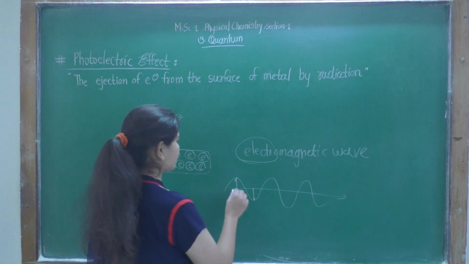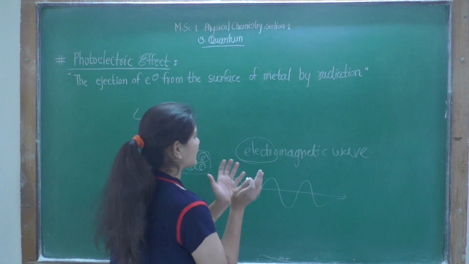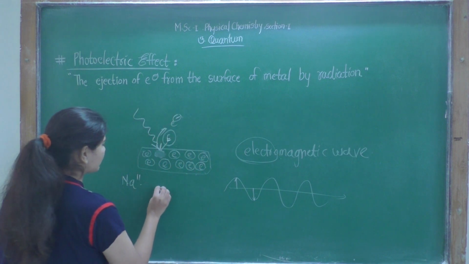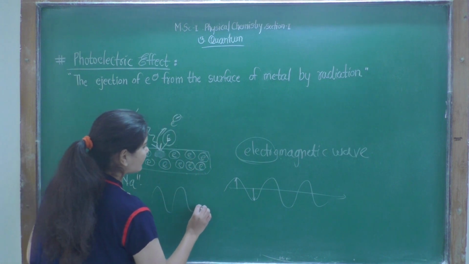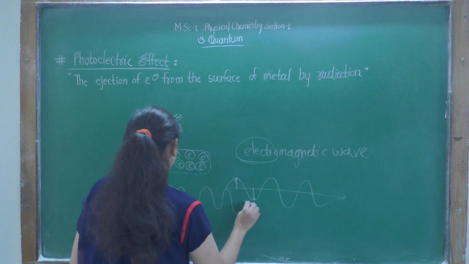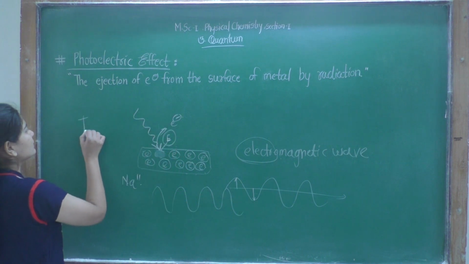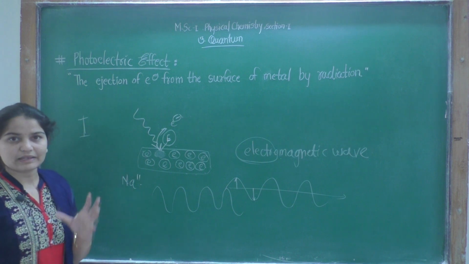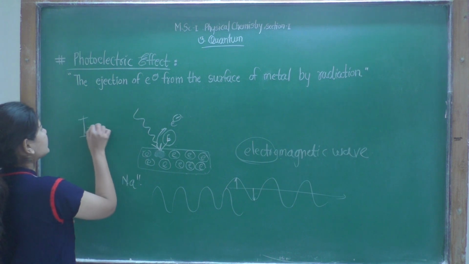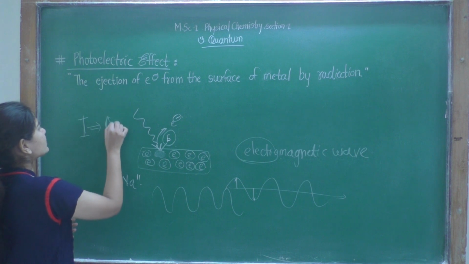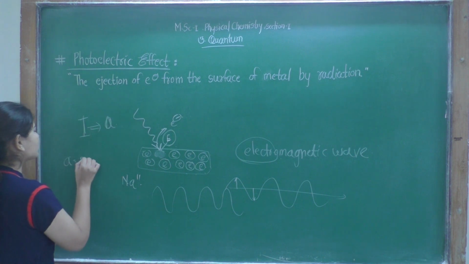Then what happens? As it has a particular amplitude, what will be the intensity of this radiation? Intensity can be given in terms of amplitude. A is equal to amplitude.